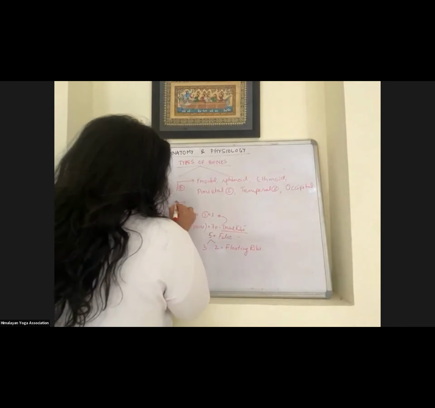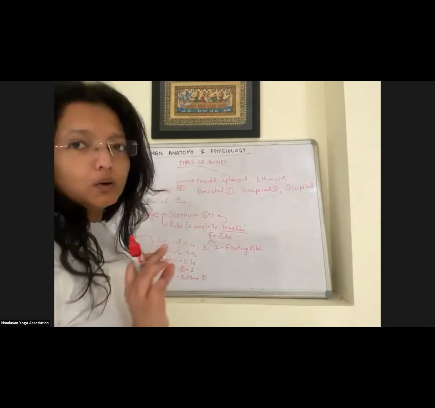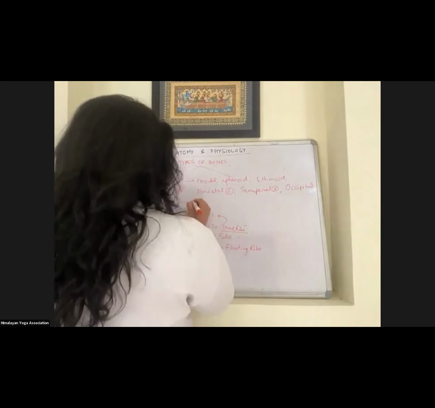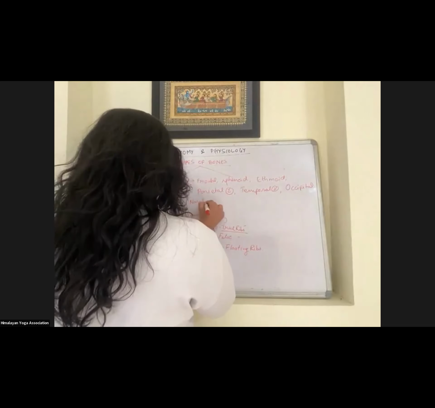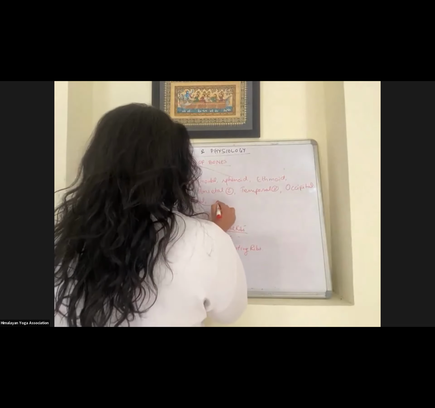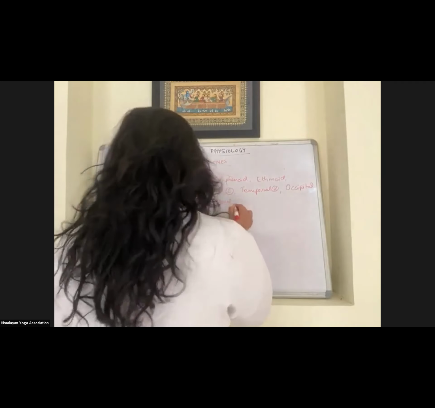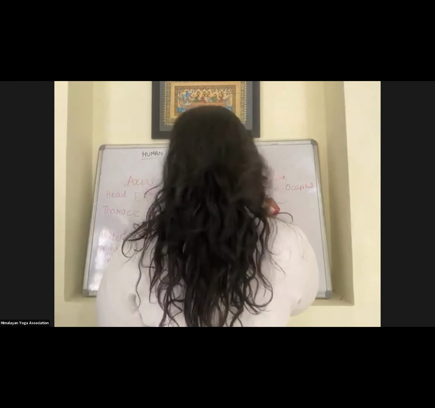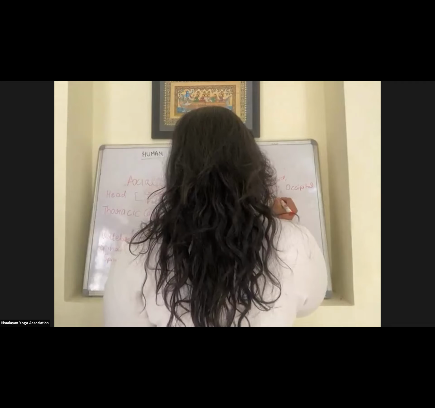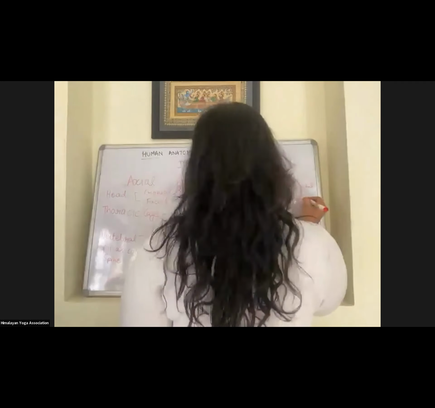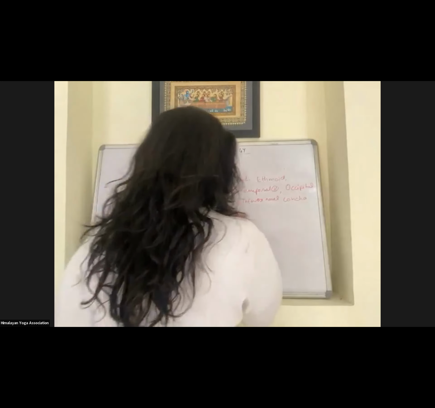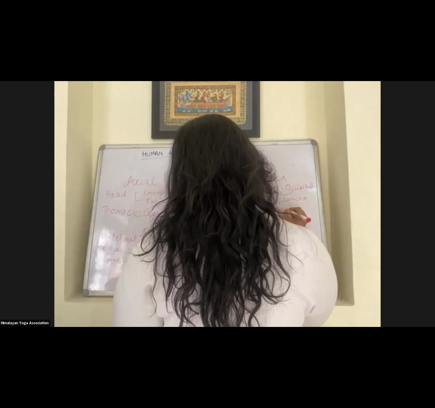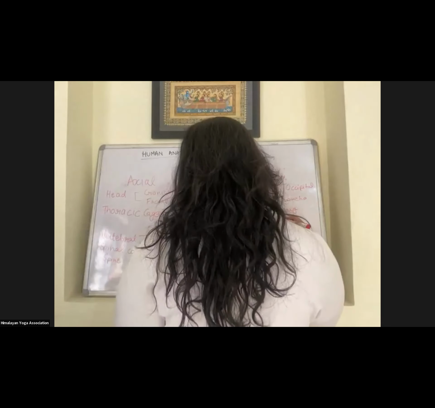In facial bones, we have 14 in number. These are smaller bones, so they are more in number. Let's study them: nasal, lacrimal, then inferior nasal concha, then maxillary and mandible.